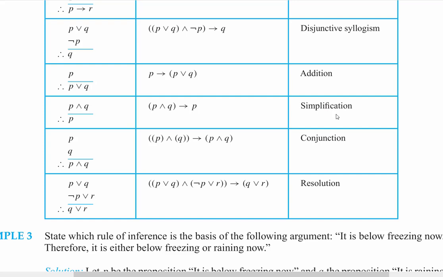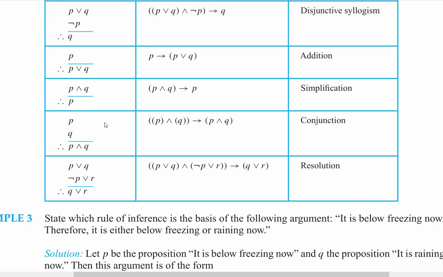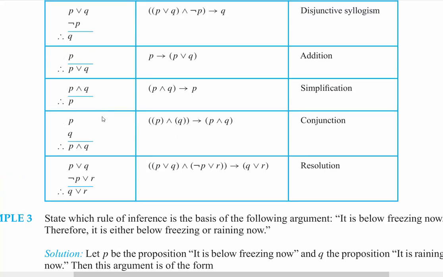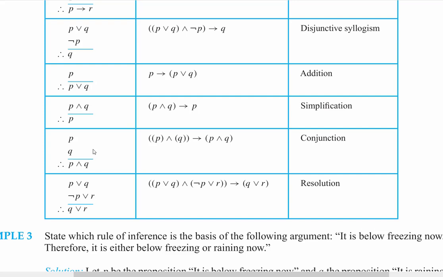So that's called simplification. Or if you know that P is true and Q is true, then P and Q is true. So these ones are very simple.